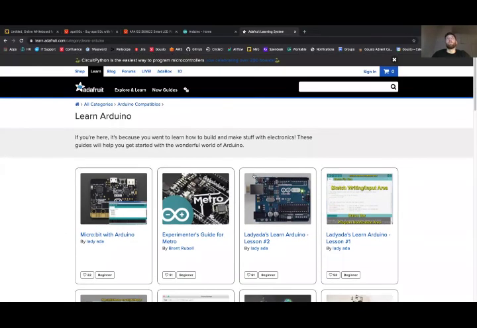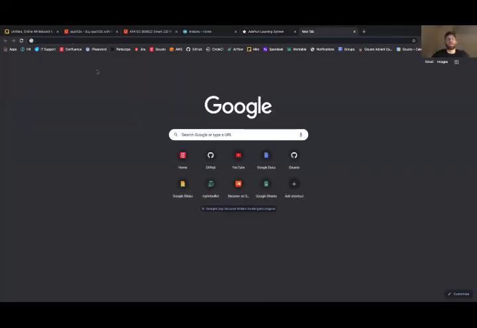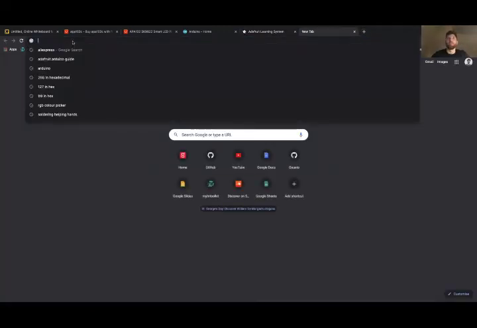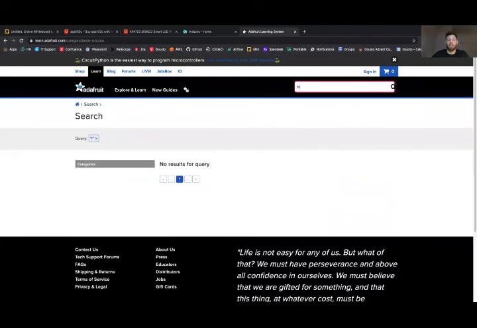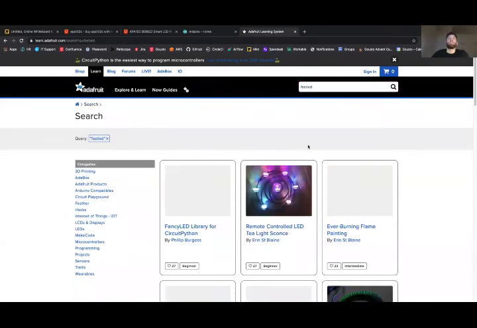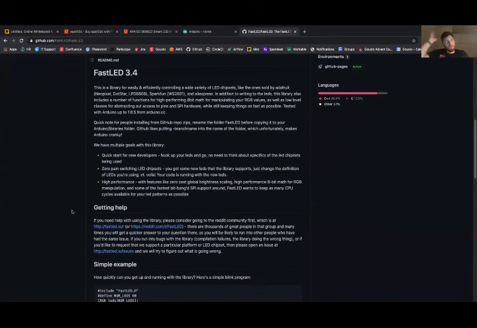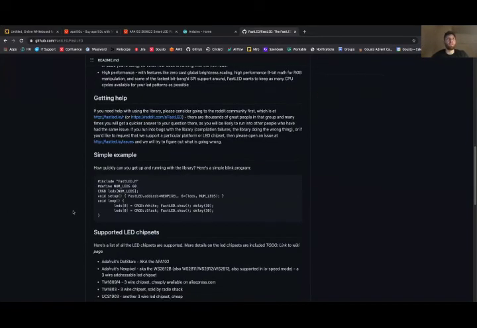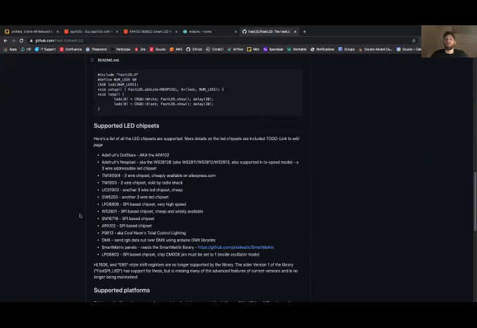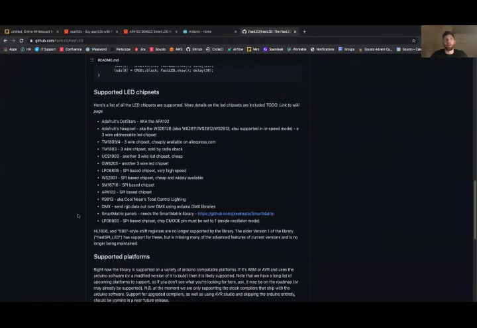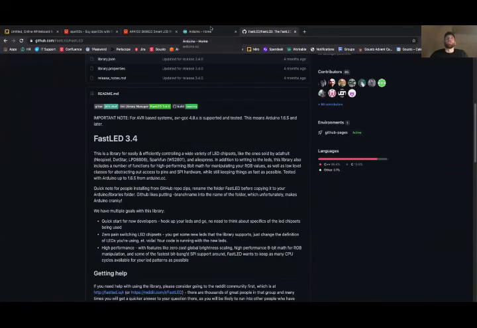And if you want to get more advanced and start controlling LEDs from your Arduino, you will need to look up FastLED. So FastLED is an open source Arduino library for creating these digital signals to control LEDs and emitting them from your microcontroller. So do not be daunted.